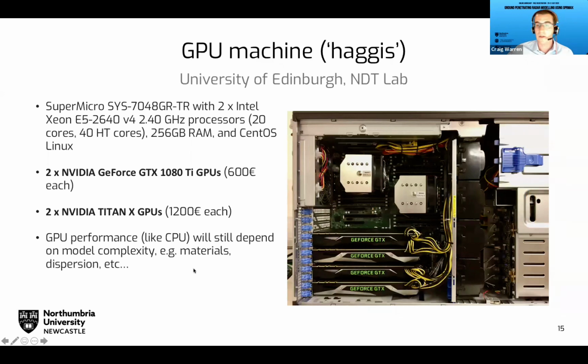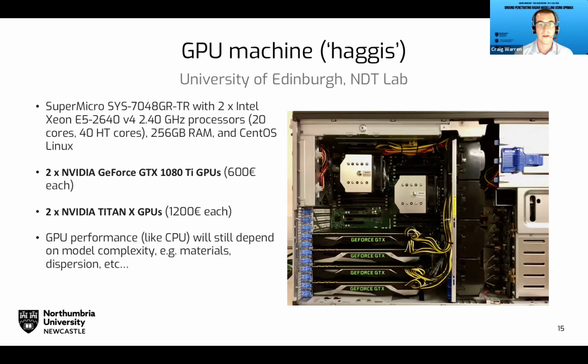And to give you an idea of what a typical workstation might look like, this is a machine that we built at the University of Edinburgh when we were working on the Google project. And before we understood what the performance benefits from the GPU were going to be, we spec'd this machine pretty highly on the CPU side at the time.